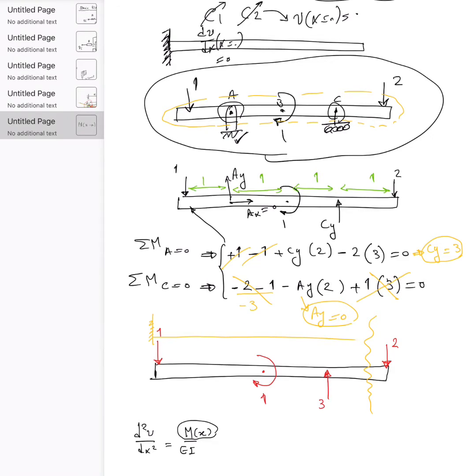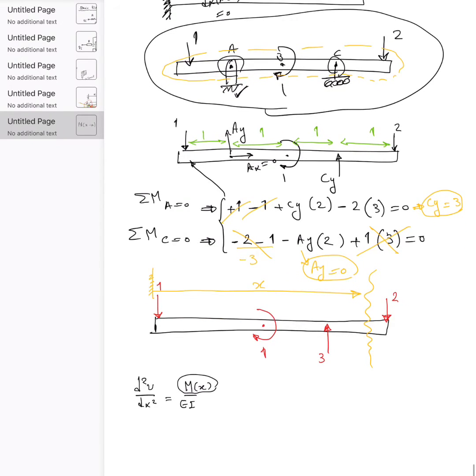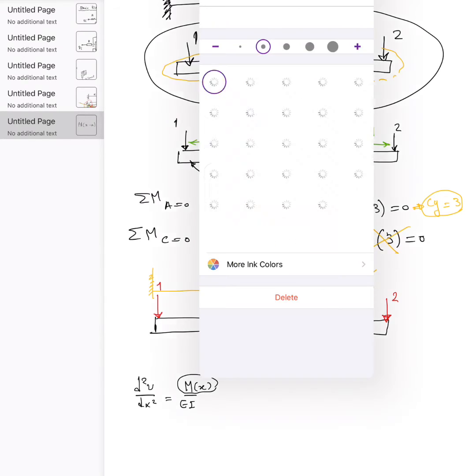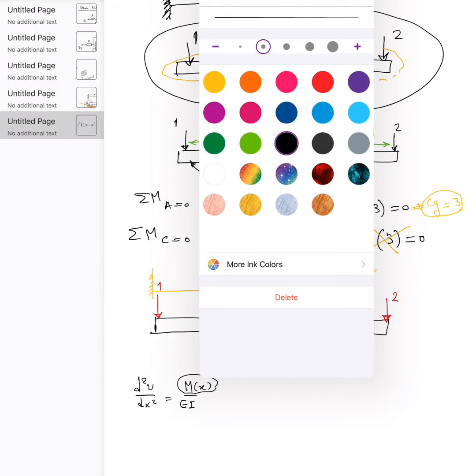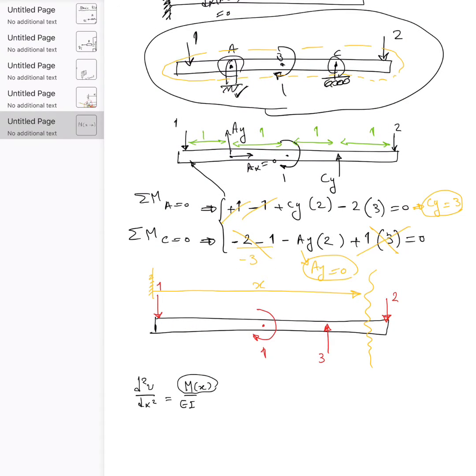And here, this distance, let's call this x. I know that I just work with the left part of the beam. The right part is not my system. So I just go ahead and draw the FBD for my system in this case. Let's get this black back again here. Erase this equation. We don't need it right now.